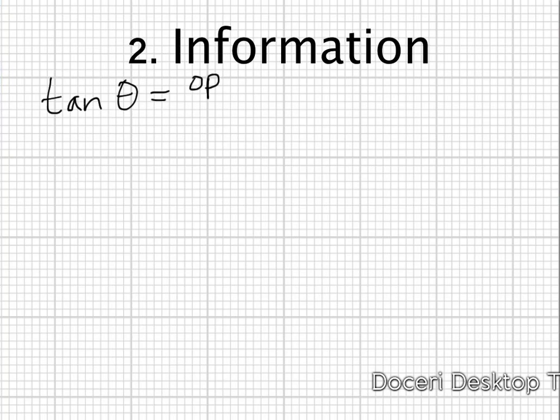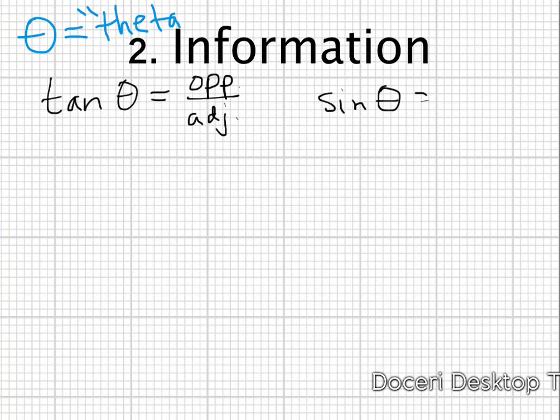It's opposite over adjacent legs. If you said that, good job. You're correct. Sine of any angle theta, here, I'll write this up here, what it's called. Okay, so that's the Greek letter theta. Sine of any angle theta is going to be the opposite leg over the hypotenuse.